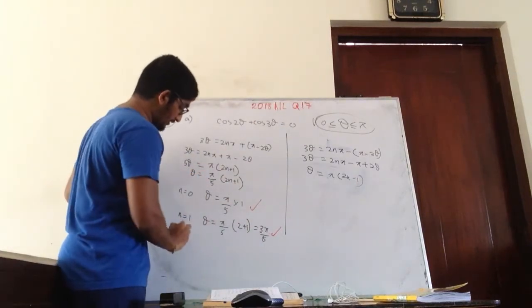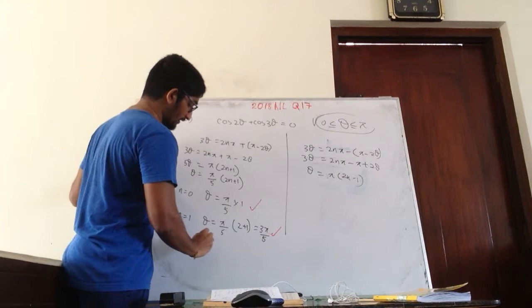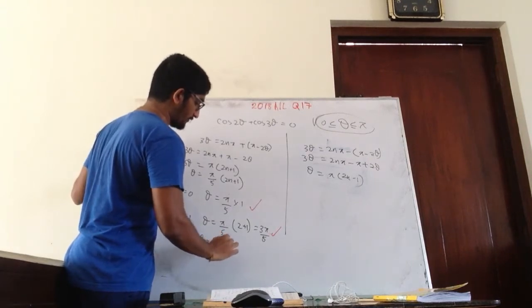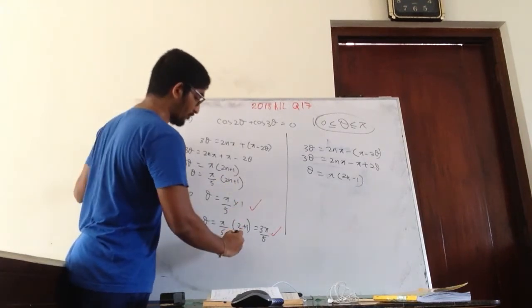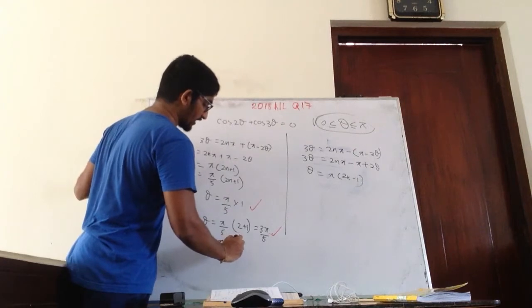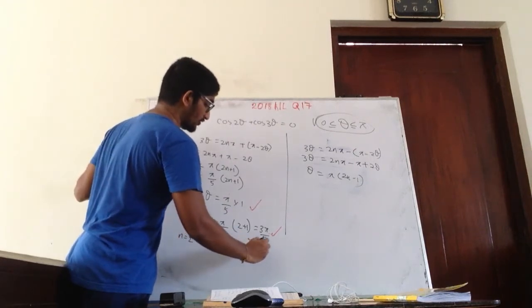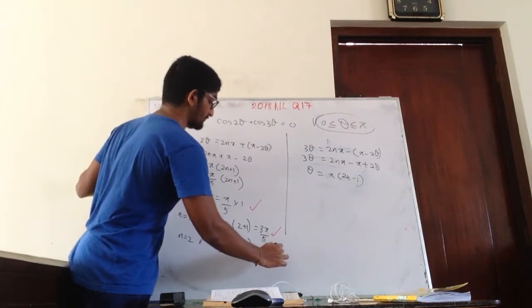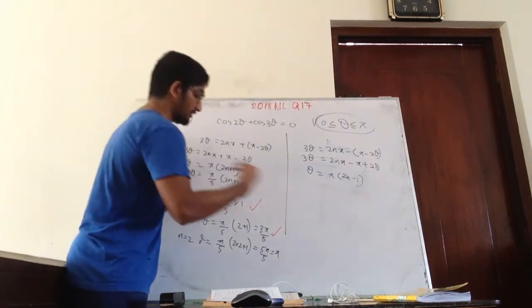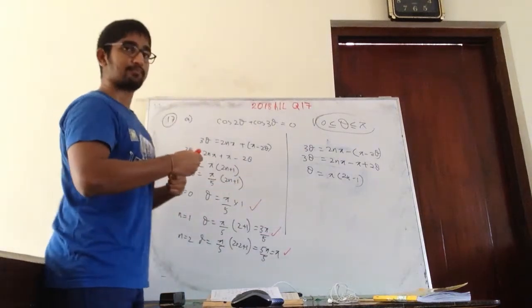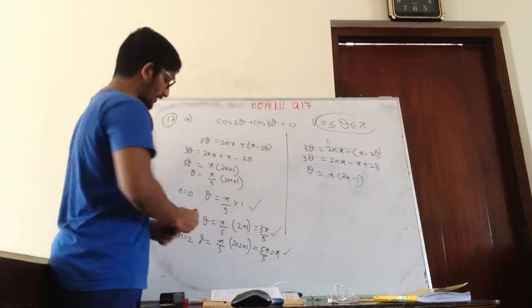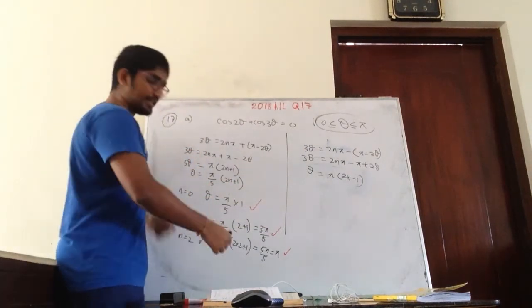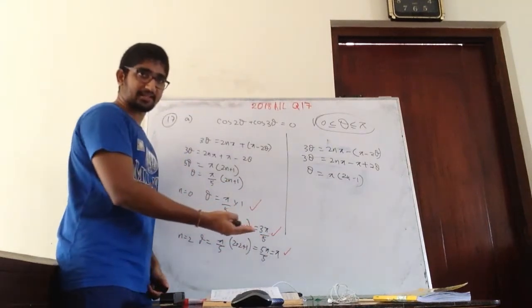Then we can get n equals 2. That is theta phi over 5. This is going to be 2 times 2 is going to be 4. So that's going to be 2 times 2 plus 1. This is going to be 5 phi over 5, or basically phi. This is also completely within. Right? Then if you consider n equals 3, it will definitely be greater than 5.